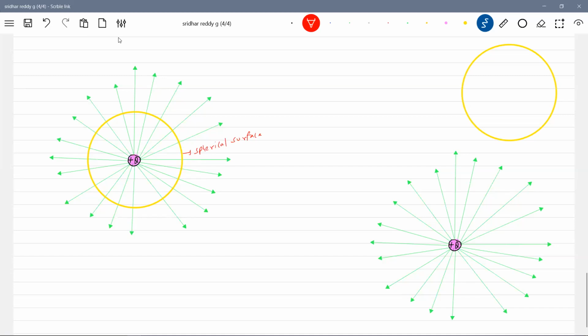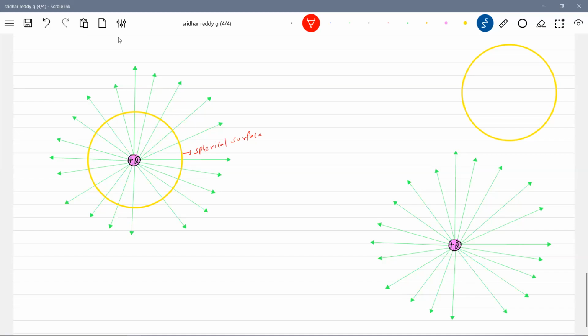Now I'm asking you how many lines of force. Some students may say 100, some may say 1000. Instead of asking how many lines of force, better to ask: what is the electric flux through the surface?